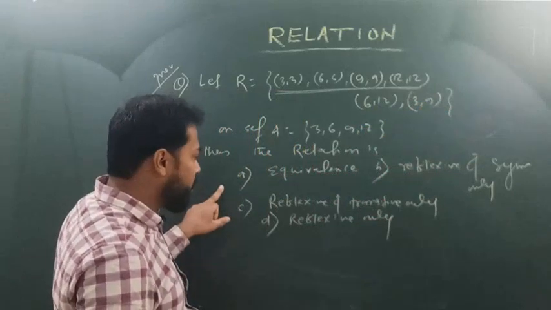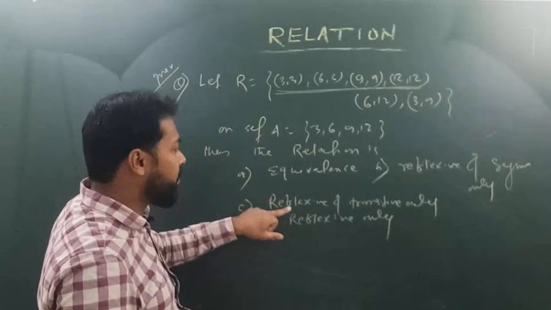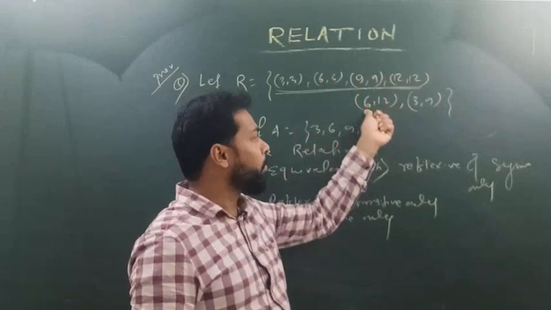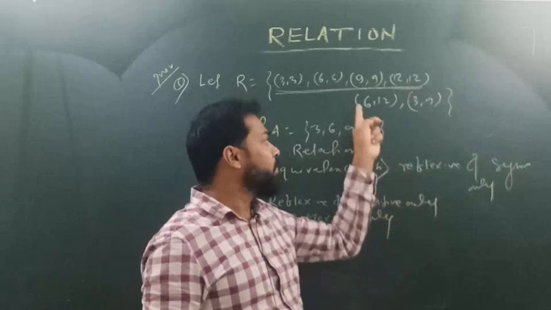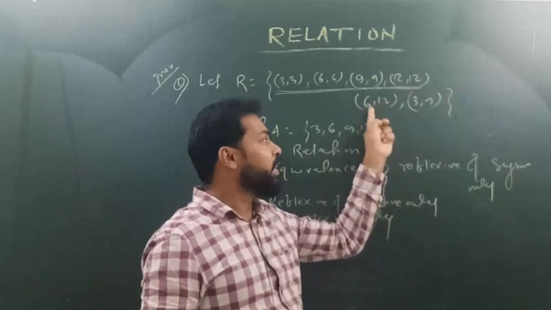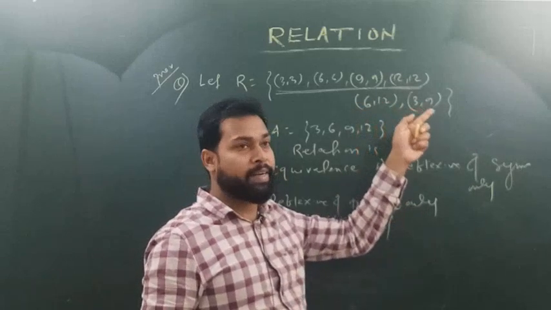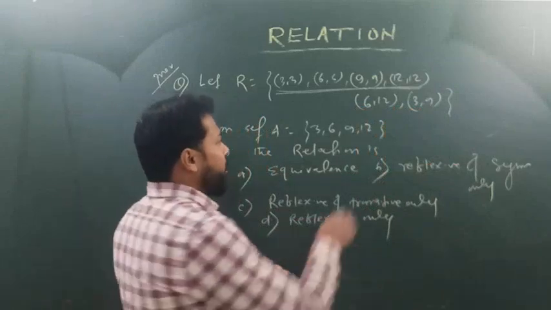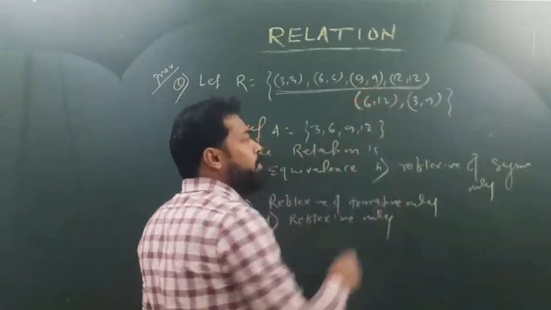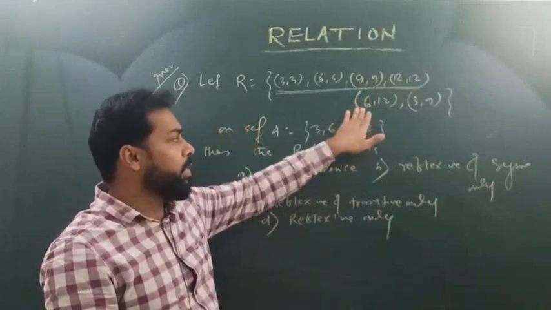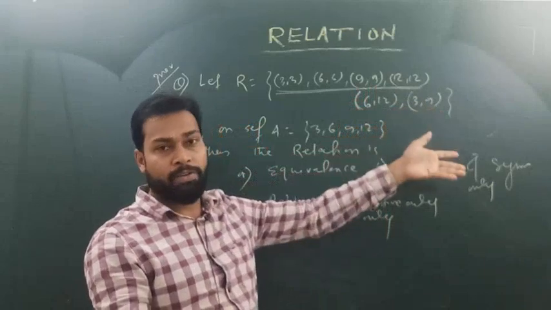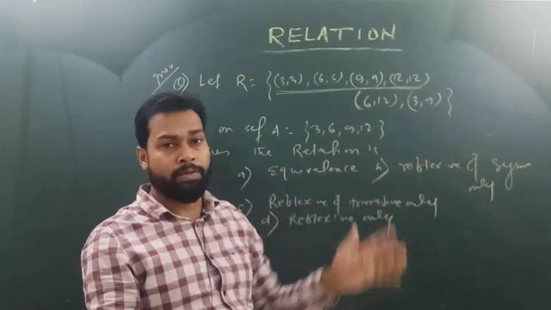So reflexive. Now we will check for transitive. Up to here, no problem. (6,12), (3,9). If this is A to B, and this is A to B, but B to C and A to C are missing here. In this case, we have to assume that this is a transitive relation, because AB is there but BC is not there. If BC were there and AC not present, then we could say this is not transitive.